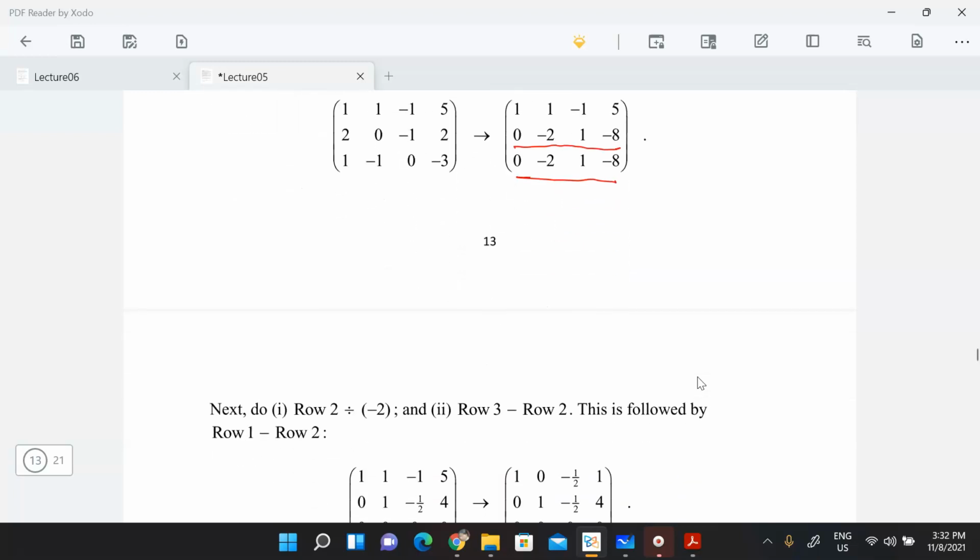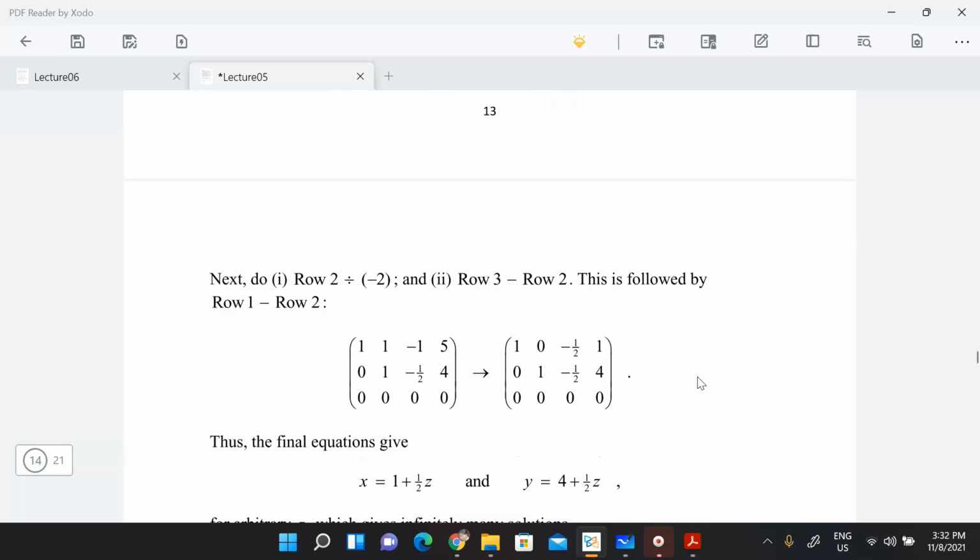And once you have that, you can do the row reduction further, but you get all these zeros in the end. So what happens over there is like 0 times x plus 0 times y plus 0 times z equals 0.